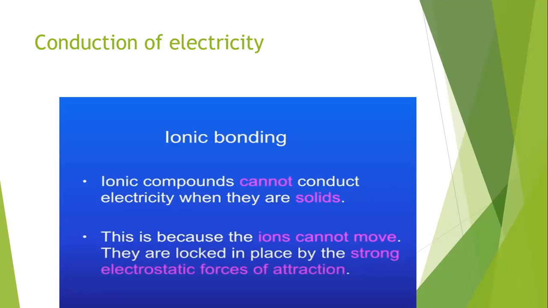There is no space between them for the movement of the ions. So that's why they do not conduct electricity, because there is no space for the ions to move. They are tightly packed together in a three-dimensional lattice structure, tightly locked in their places because of the strong electrostatic forces of attraction between them.